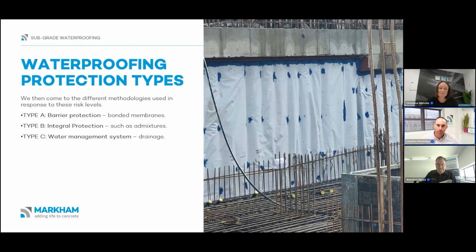It's something that becomes part of the structure, and I think it's in there for the intent that tracking of water, if it gets through a membrane, is limited and can't track to a control joint or joint, that type of thing. That's what the intention of a bonded system is. And then we look at the type B, which is integral, and that's like inside the concrete.